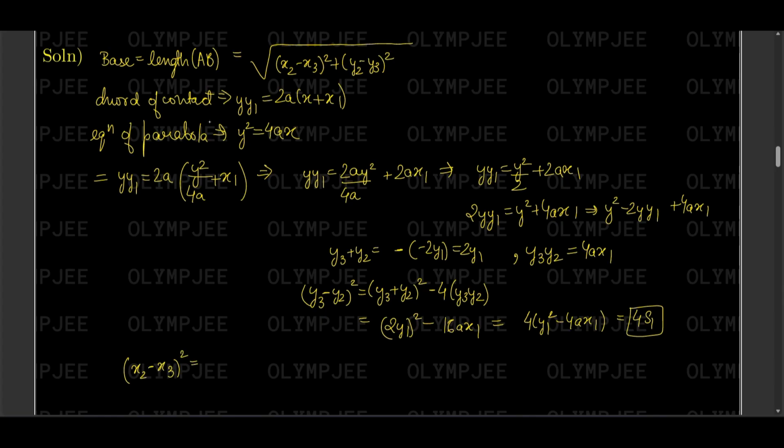For this, I will be using the equation of the parabola. Since I know that y1 and y2 and y3 are the corresponding y's of these x's, so I can write x in terms of y. So y2 square by 4a minus y3 square by 4a whole square is this quantity.